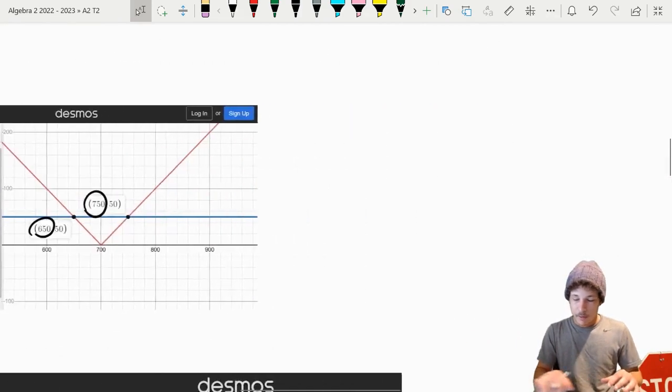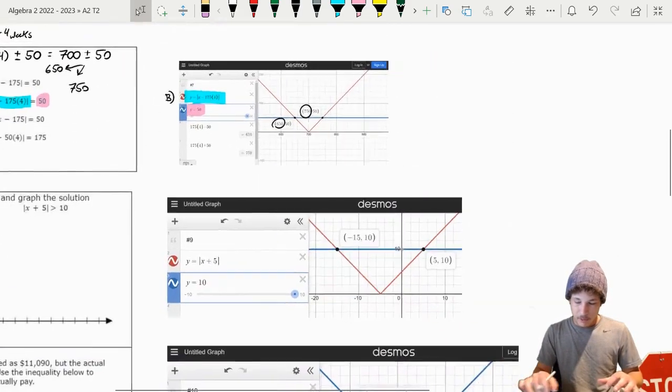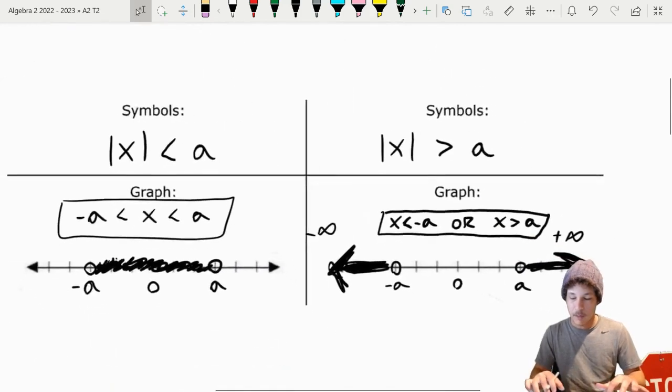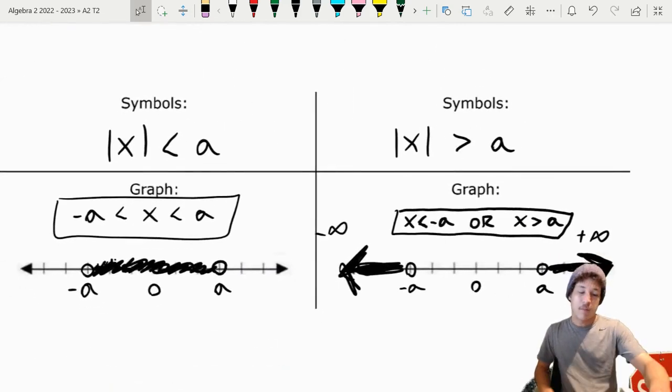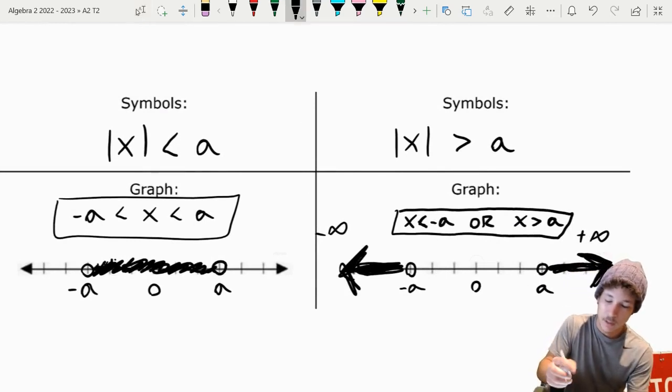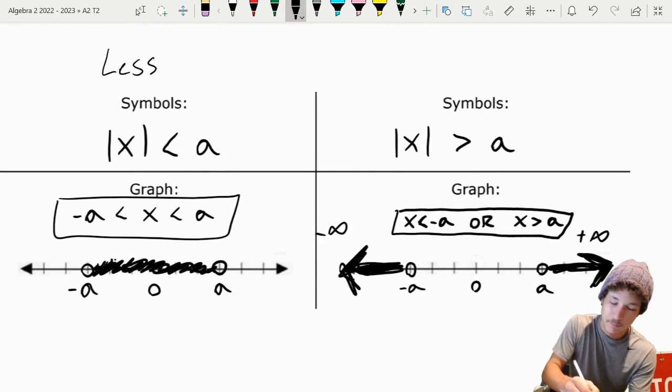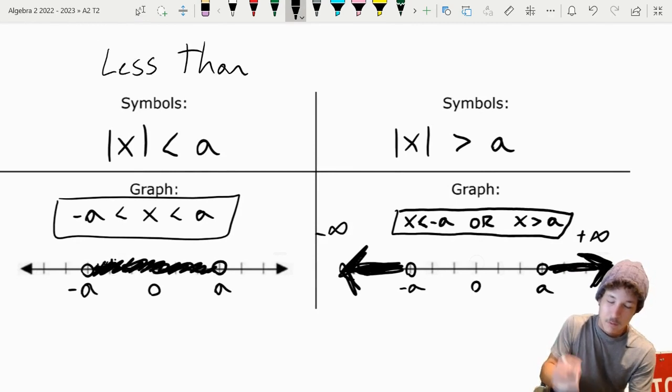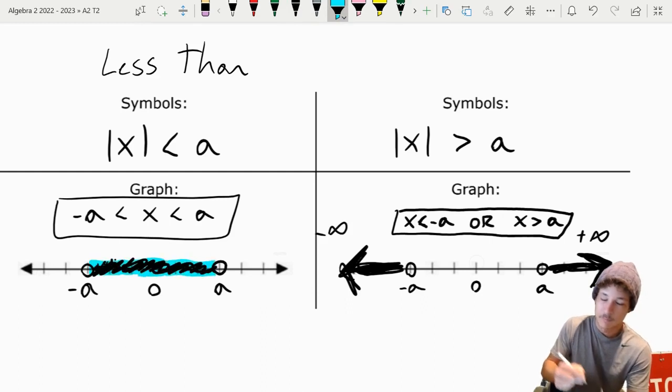Let's review something really quick that we haven't talked about in a while. Where did I put it? Up here. Whenever you have absolute value inequalities, you have to consider the two examples. We have less than, where we have one set of solutions in between 2 points.